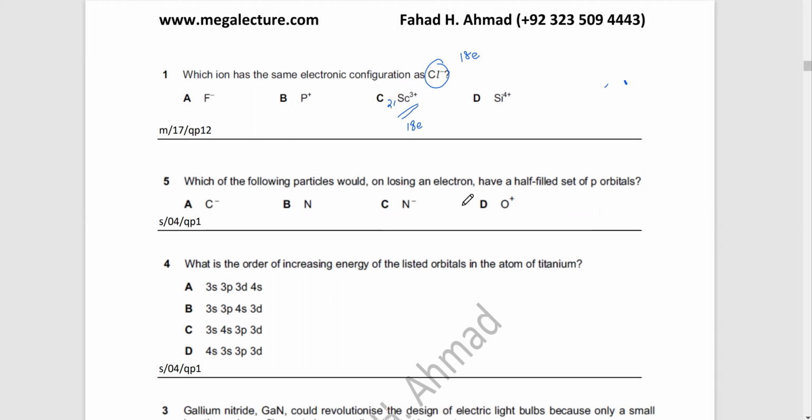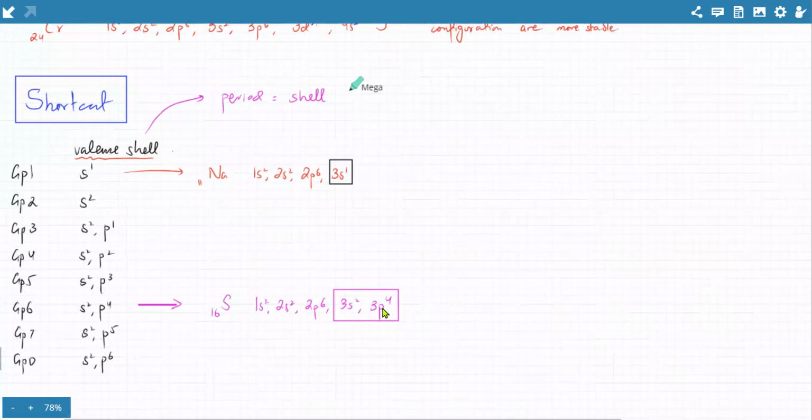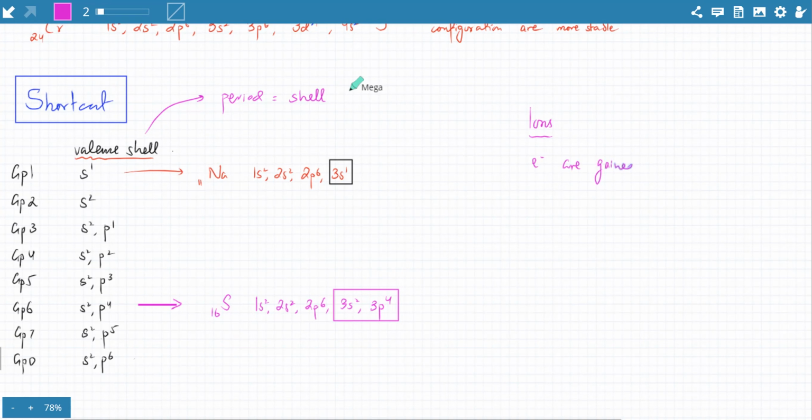One thing that I've not discussed is, let me add that, what would happen if ions are formed? So remember, when ions are formed, especially when they lose or gain electrons, electrons are gained or lost from the outermost shell.